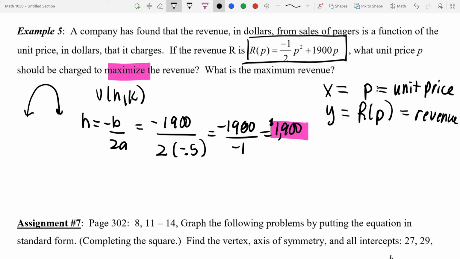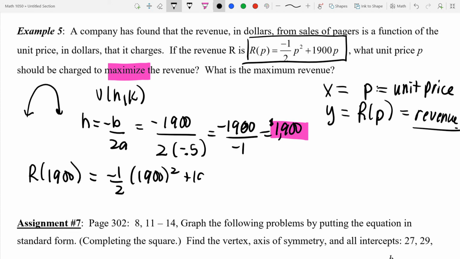But we're not done. What is the maximum revenue? Guys, look. Revenue is Y. What are they asking me to do? Plug it in. It's exactly the same thing, guys. So it's R of 1900 is negative 1/2 times 1900 squared plus 1900 times 1900.